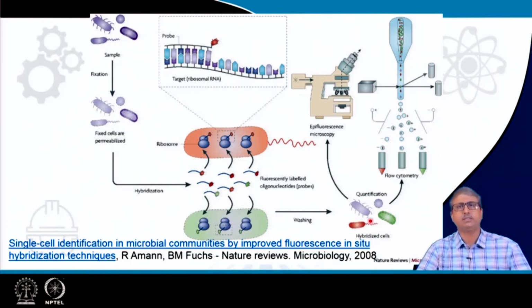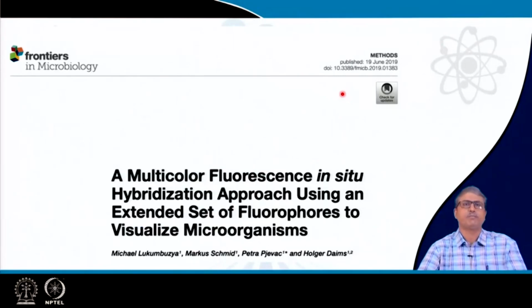Now you take this entire sample into an epifluorescent microscope, a confocal microscope, or a flow cytometry machine, so that you can discriminate how many cells are red and how many are green. And if you use a confocal microscope, you will be able to see the co-localization pattern and the interaction between multiple cells together.